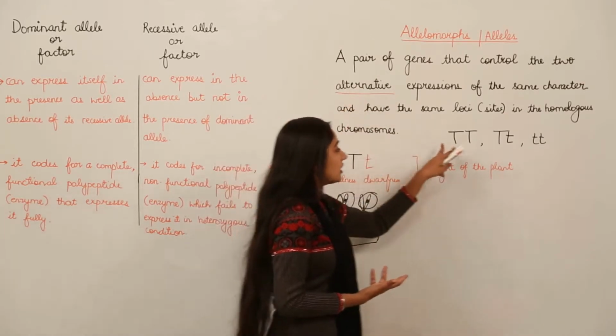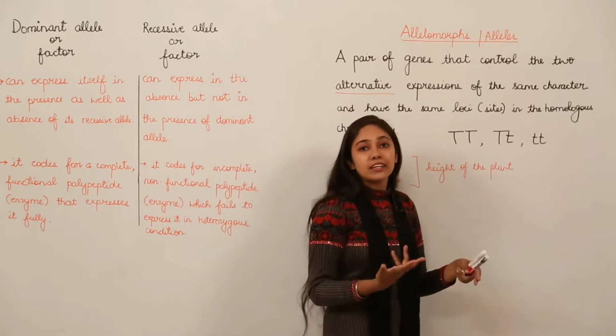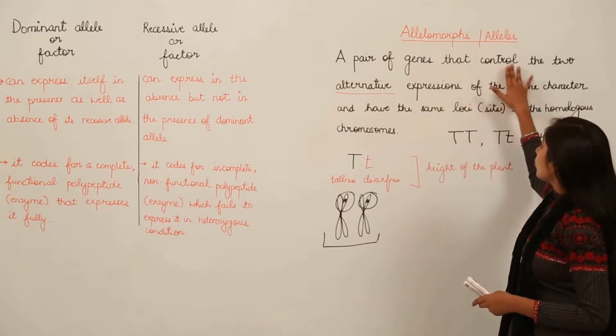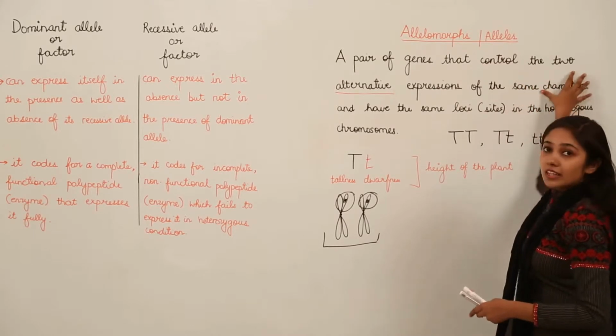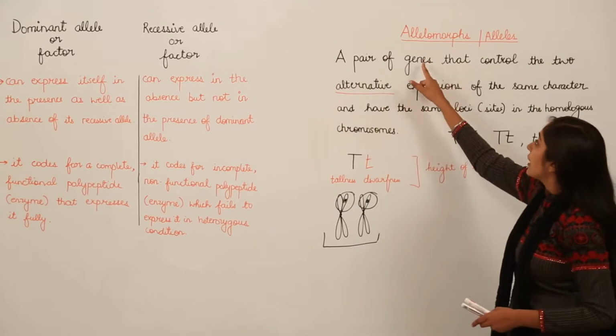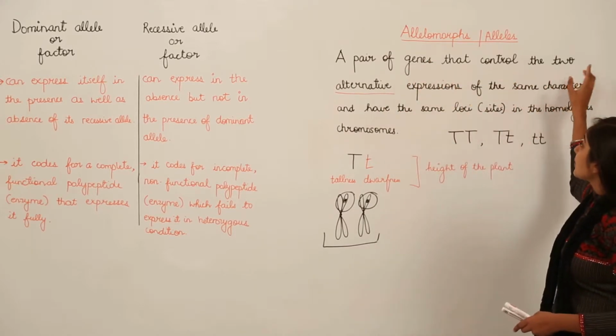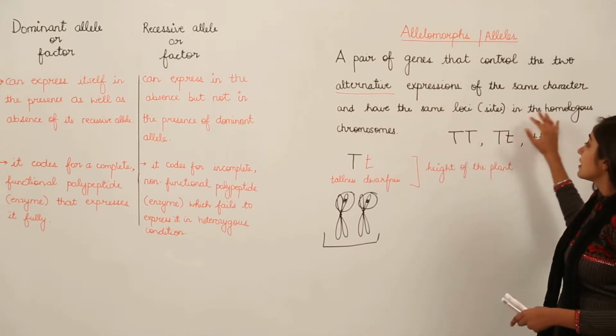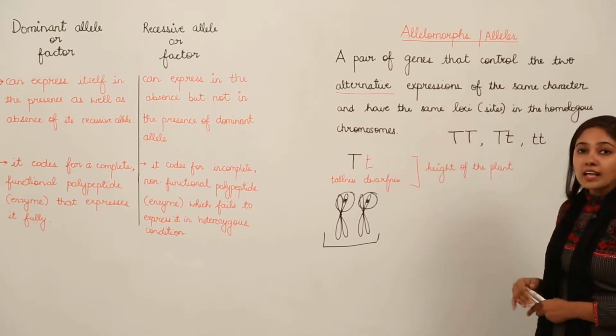Okay. The genes which are encoding for the same character, a pair of genes that control the same character. Now we don't use the word alternative expressions, we use a pair of genes that control the same character and have the same loci sites in the homologous chromosomes are known as allelomorphs.